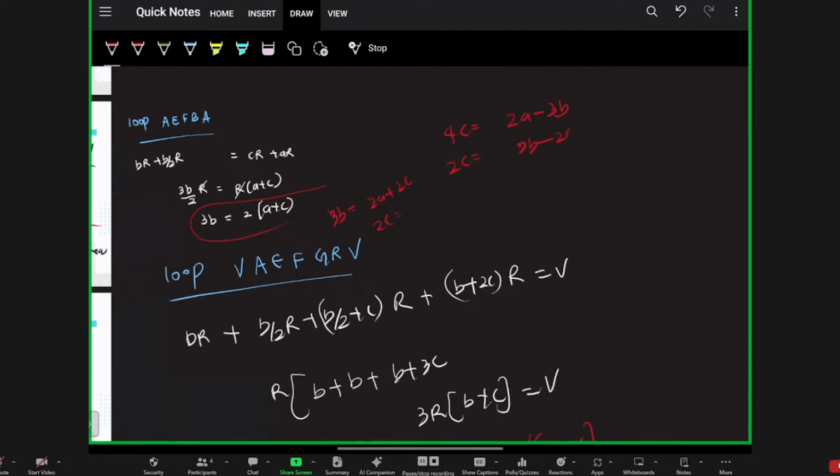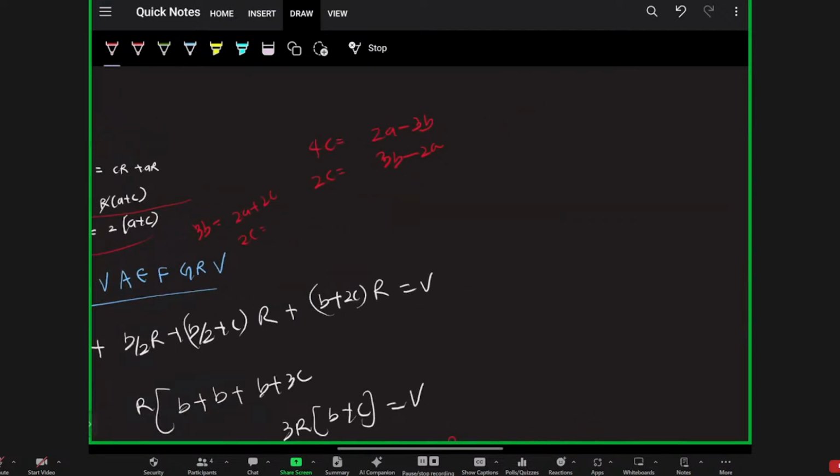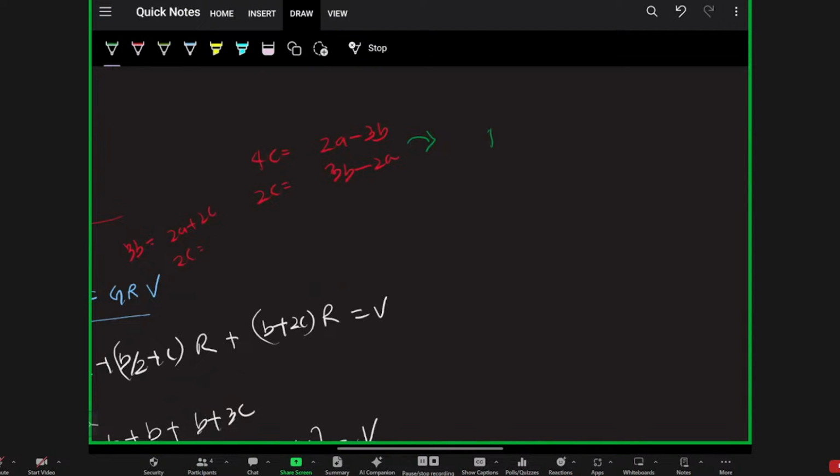Okay, by solving these equations, I can write 4C is equal to minus 3B plus 2A, and 2C equal to 3B minus 2A. Let me add these equations. So 6C will be equal to 0. That means C is 0.